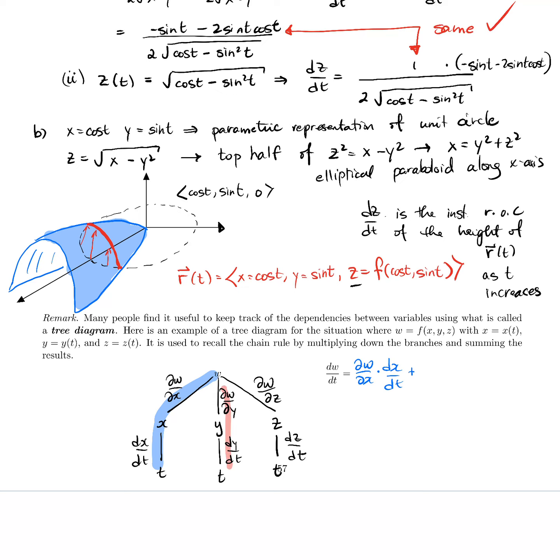So we're going to have del w del y times dy dt plus, and lastly we'll multiply down the last branch, but of course you'd multiply down as many branches as you had, del w del z times dz dt, and there's the expression for the chain rule of a function w of 3 variables where each of the intermediate variables is a function of t. We'll see more tree diagrams in future videos.